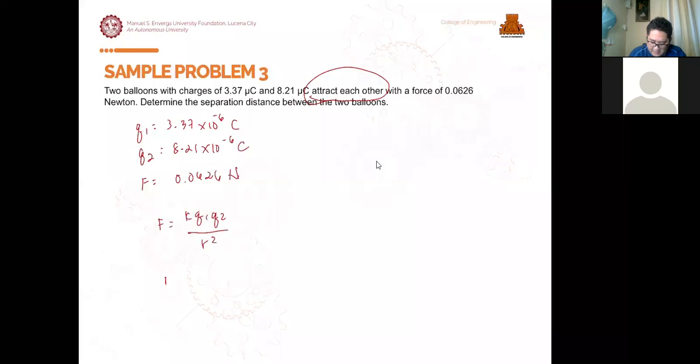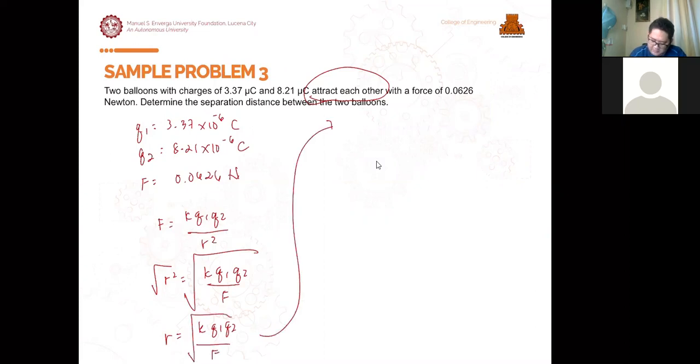So, this will be r squared equals k q1 q2 over f. Then we square root both sides. So, we have r equals the square root of k q1 q2 over f. Okay? So, we just substitute the given values.